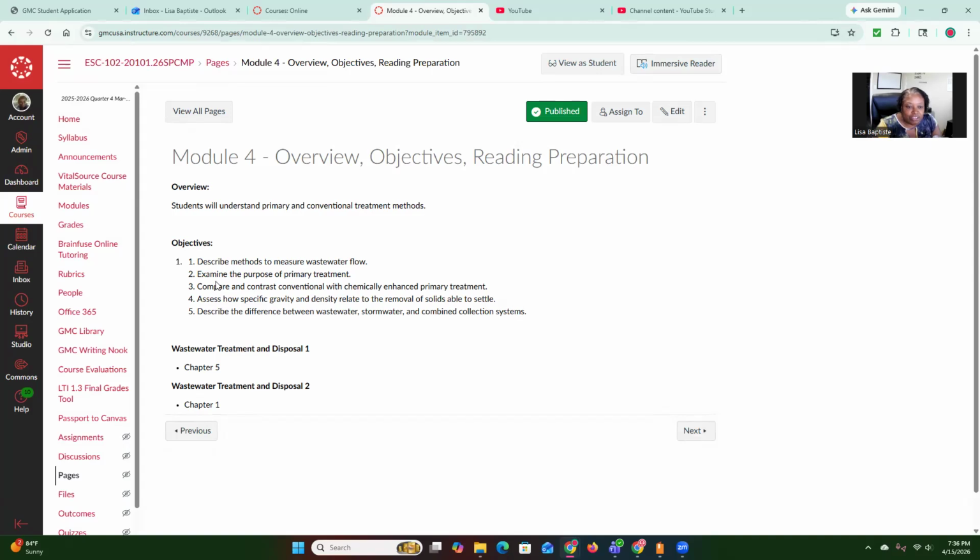The objectives are to describe methods to measure wastewater flow, examine the purpose of primary treatment, compare and contrast conventional with chemically enhanced primary treatment, assess how specific gravity and density relate to the removal of solids able to settle, and describe the difference between wastewater, stormwater, and combined collection systems.